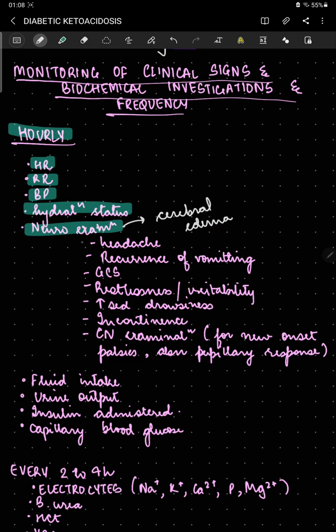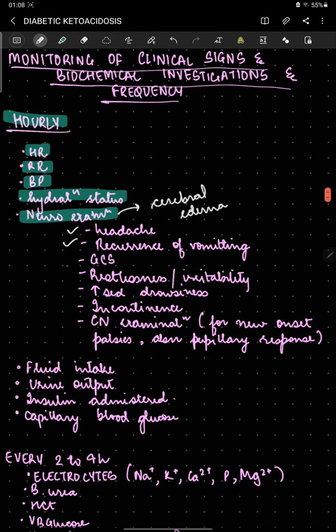You can ask the child about headache, any recurrence of vomiting, if the GCS is falling, if there is any restlessness or irritability, increased drowsiness, or any incontinence. Also, cranial nerve palsy, right? You have to look for any new onset palsy or any abnormal pupillary response.